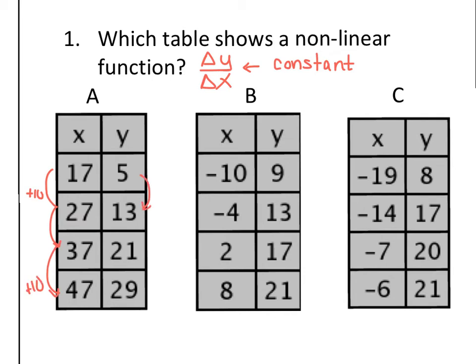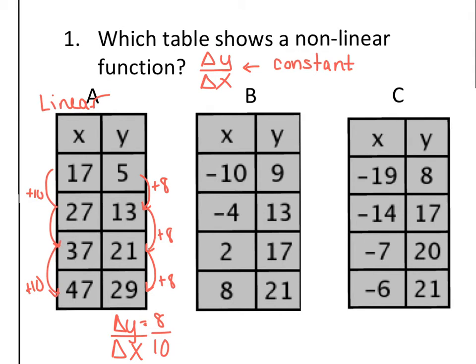Whereas the y's goes up by 8, again up by 8, and again up by 8. So my change in y is 8, and my change in x is 10, meaning my slope is 8/10 or 4/5, and it's constant. So this one is linear.